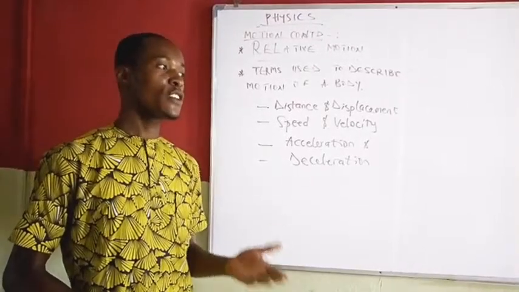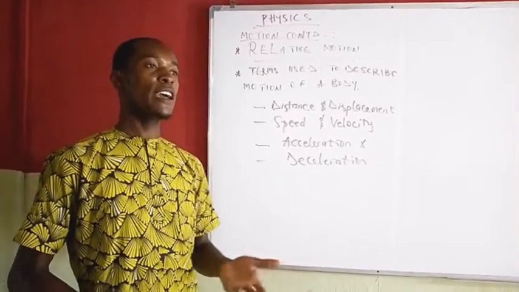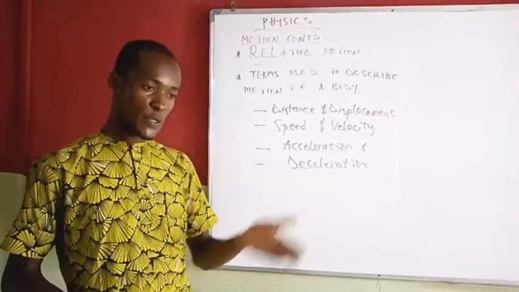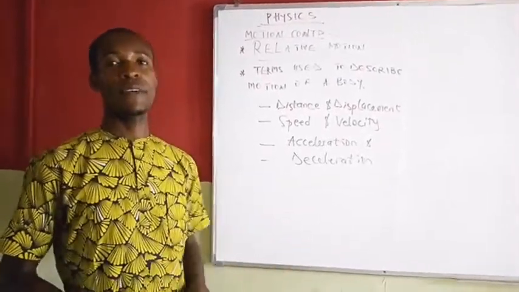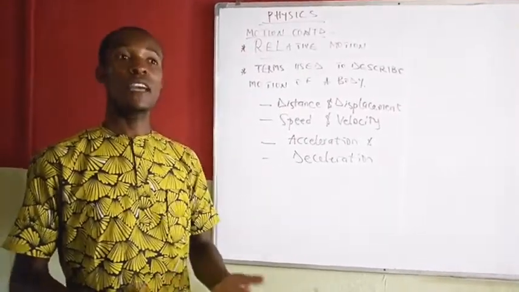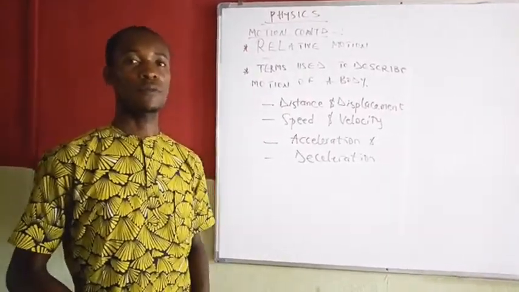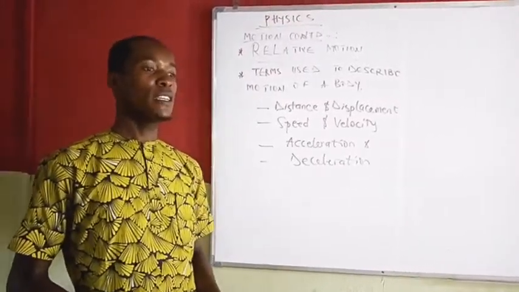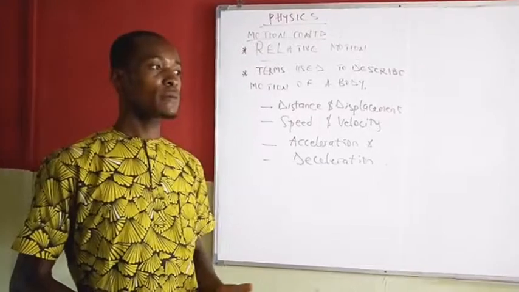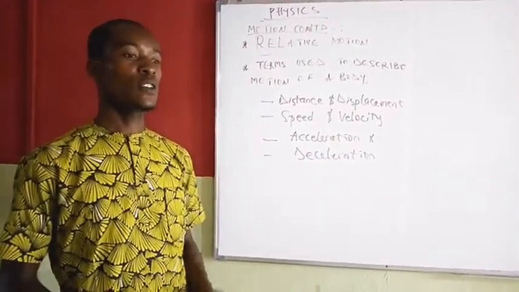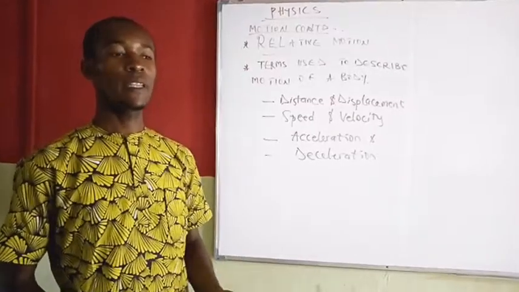This is when a car at a very high speed, or a body at a very high speed, comes to rest within a given time interval. Such motion is termed deceleration. So constant deceleration is when the velocity of a body reduces in equal time intervals, no matter how small the time interval may be.